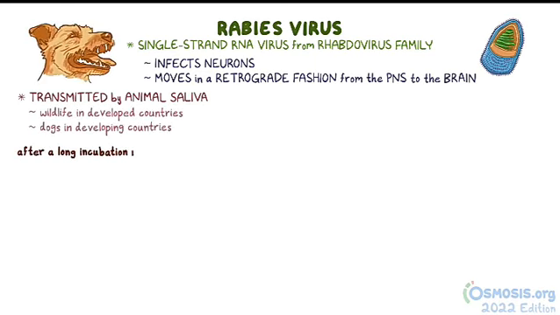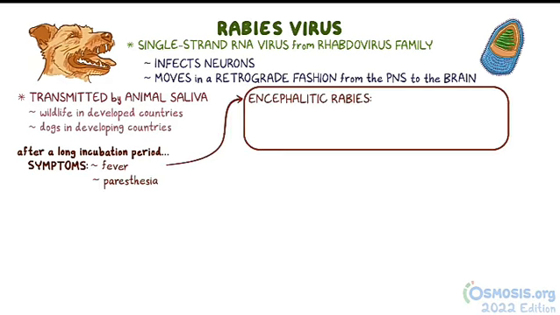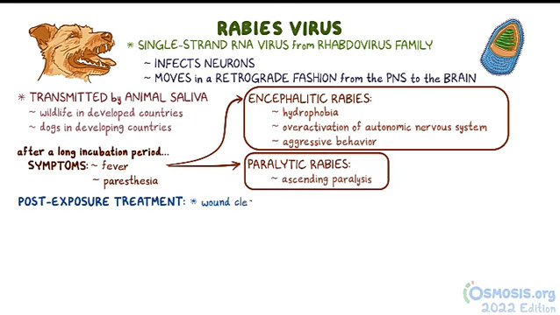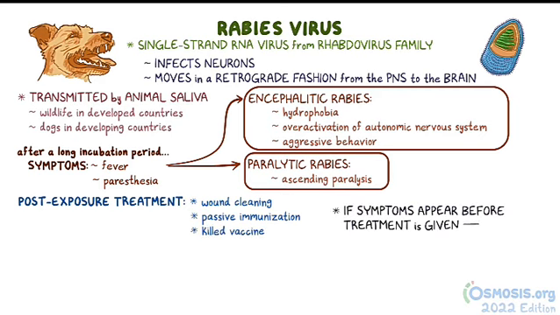After a long incubation period, it'll cause symptoms like fever and paresthesia, followed by either encephalitic rabies, which causes hydrophobia, overactivation of the autonomic nervous system, and aggressive behavior, or paralytic rabies, which causes ascending paralysis. Post-exposure treatment involves wound cleaning, passive immunization, and a killed vaccine. If symptoms appear before treatment is given, the virus is fatal.